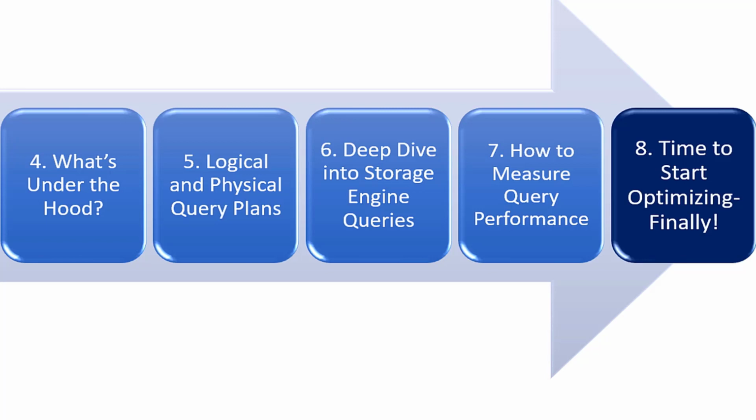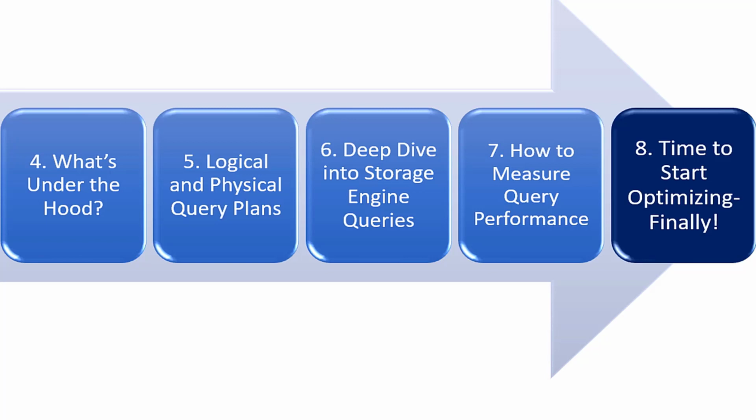And then in Module 6, we will take a deep dive into the storage engine, which is also part of the two engines in number 4. And then number 7, we will show how to measure query performance to see where the bottlenecks could be and how to solve for them.